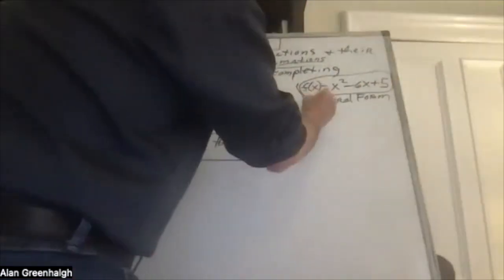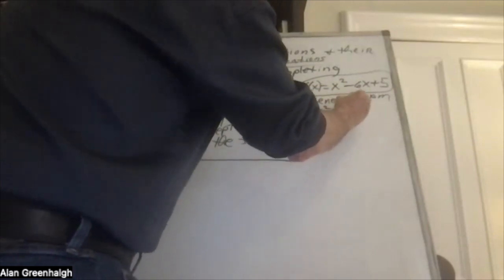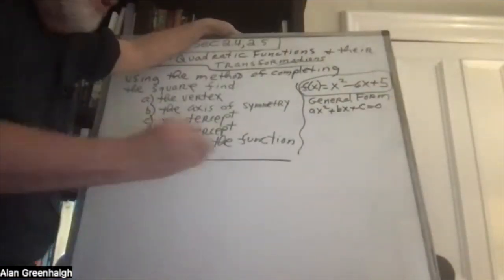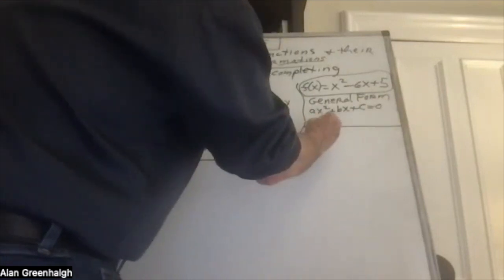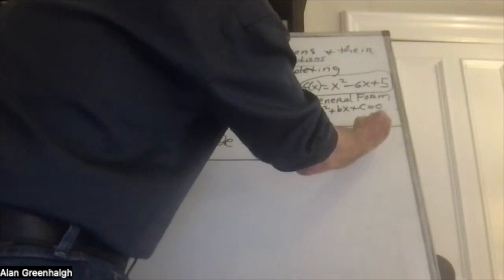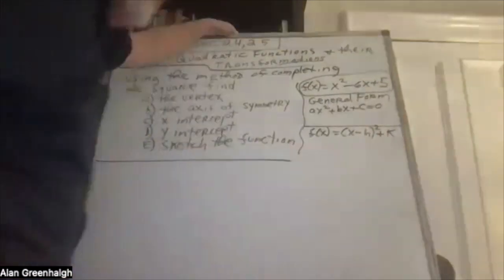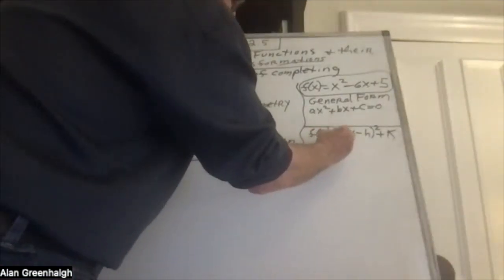In other words, when you get an equation that looks like this, it's called general form. Just to distinguish between the two forms, when you get an equation that looks like this, with an a in front of it possibly, right? This is called standard form.